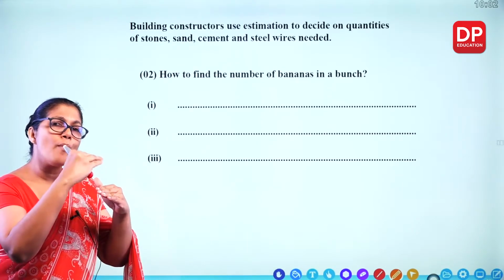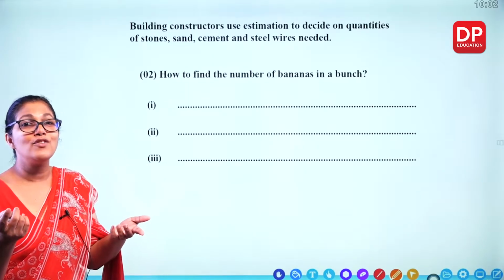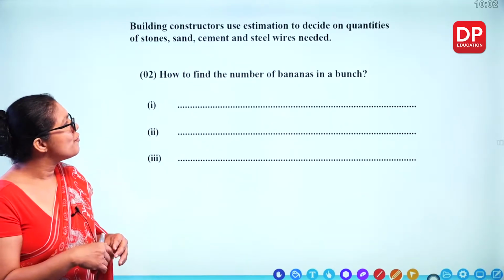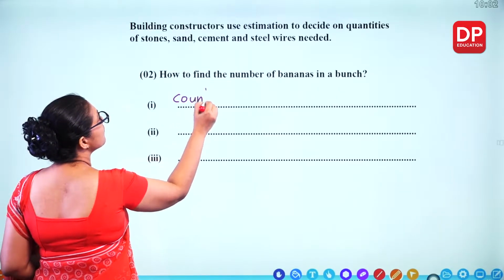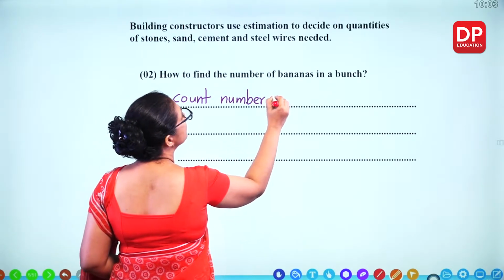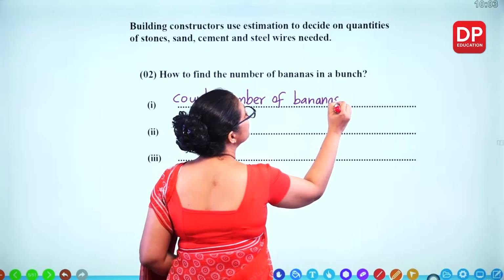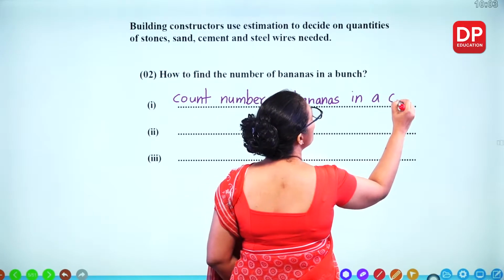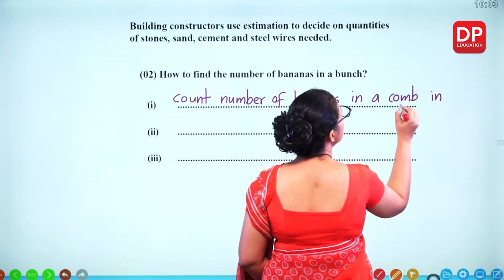You can count how many combs in that bunch and multiply those two values, you get the total number of bananas. So what do we do first? Count the number of bananas in a comb in the middle.